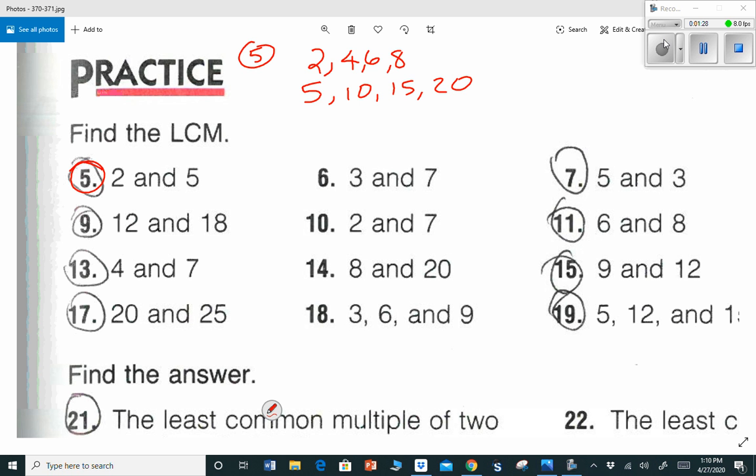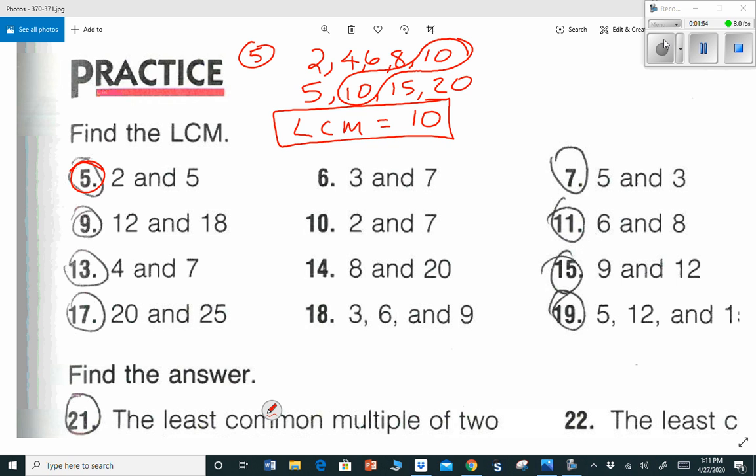Well, you don't yet, and so I would always add to the littler number, the 2. Go a little farther with that and try to catch it up. Well, and there you have it. 10 appears in both lists, and that is the lowest number that appears in both lists. So the LCM for 2 and 5 is 10.